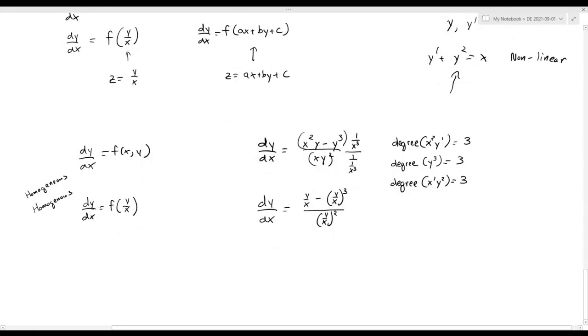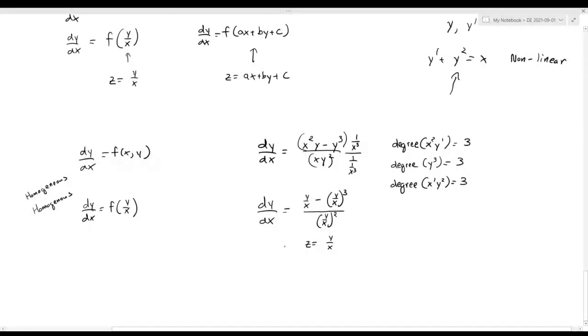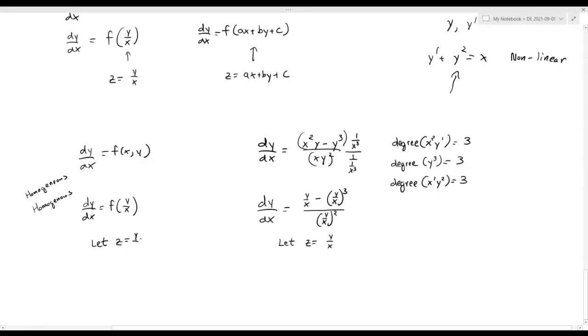Okay. So this suggests that we should simply take this y over x, which we see everywhere, and lump it into one variable. So we're going to say let z equal y over x, which will simplify the right-hand side greatly, right?